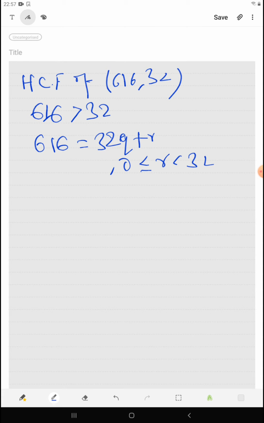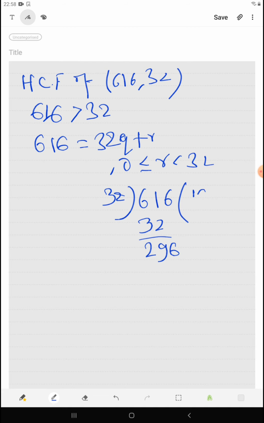Let's divide. 32 times 1 is 32, 61 minus 32 is 29, and we bring down the 6 to get 296. Then 32 times 9 is 288.